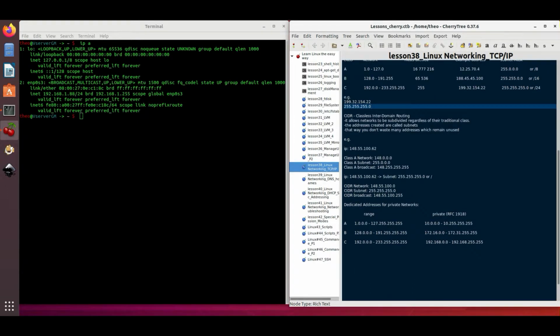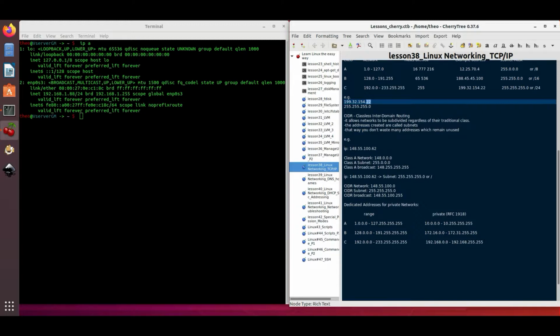An example would be this kind of address, 199.32.154.22, and if it has a subnet mask of 255 three times and then the 0, it would mean that we work with the fourth octet.